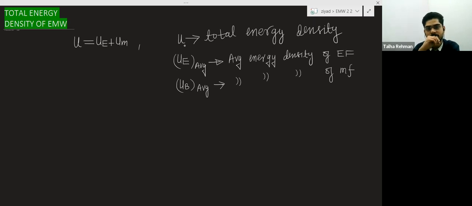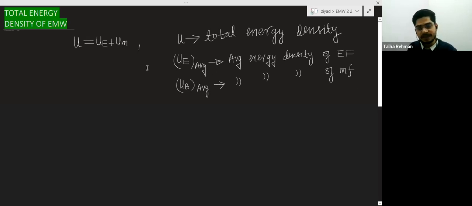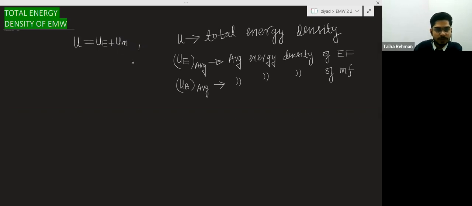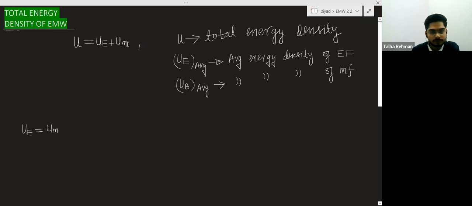So in an electromagnetic wave there is an electrical energy density and a magnetic energy density, and the total energy density is given by this. Okay, now we will see whether this UE is equal to UB, the magnetic energy density.